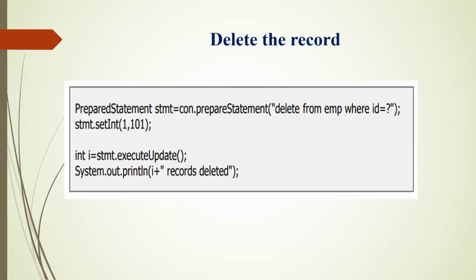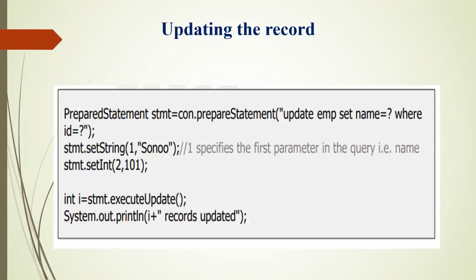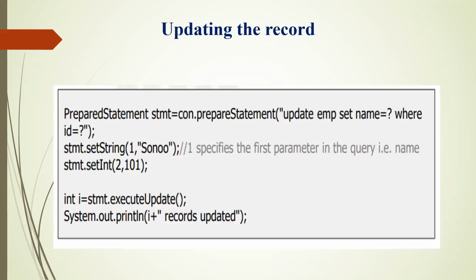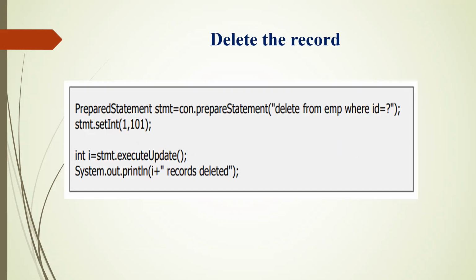Then the third operation. First operation we saw was inserting a record, second operation updating a record. Third operation is deleting a record using prepared statement. PreparedStatement statement is equal to connection.prepareStatement, and give the query you want. We have to delete a particular record from the emp table where id is equal to a question mark. It can be any ID.